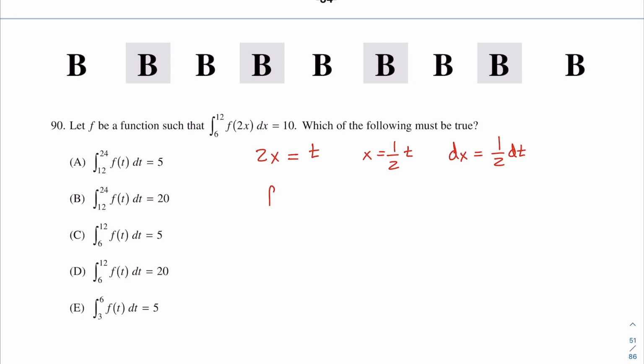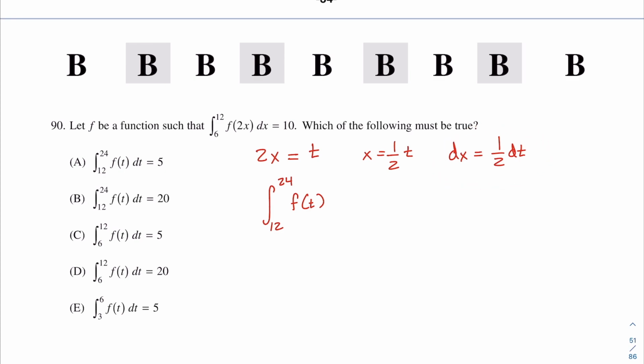So the integral, when we change the bounds, so 6, when we plug 6 in for 2x, that's 12. So we get from 12 to 24 of f of, again, we can plug in this t for 2x now. So f of t. And here we plug in this value for dx.